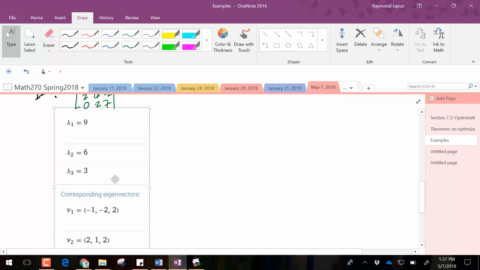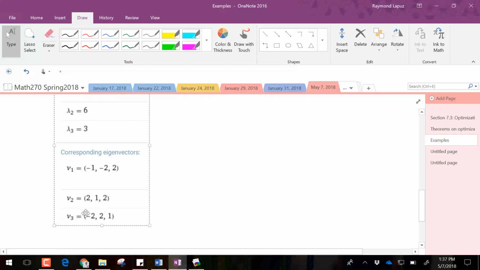Not quite yet. So what do we have to do? We have to normalize them, make them into unit vectors. But if we take a look at any two of them, like the first and second one, if you dot them or take the inner product, you're going to get 0.